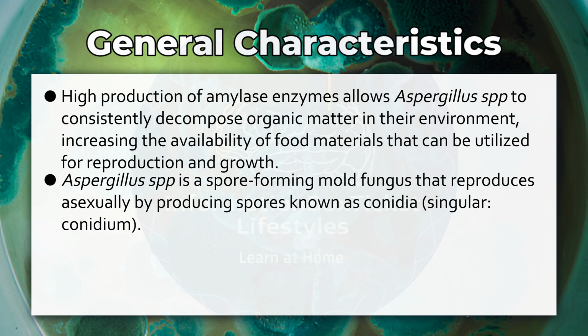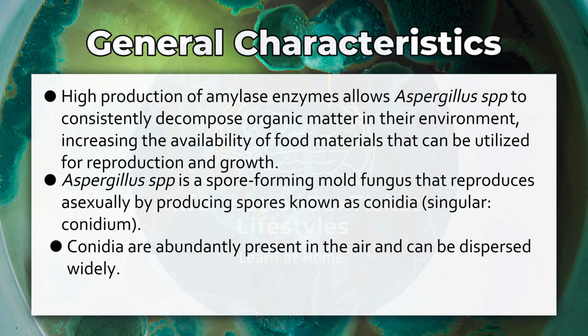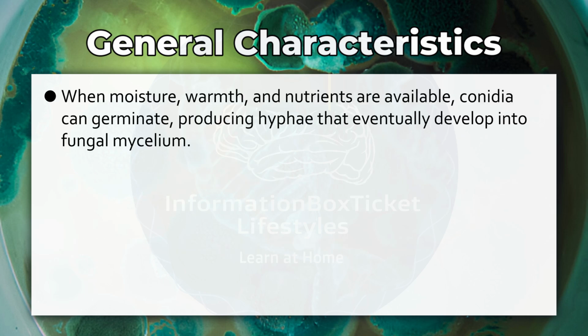Aspergillus species is a spore-forming mold fungus that reproduces asexually by producing spores known as conidia, singular, conidium. Conidia are abundantly present in the air and can be dispersed widely. When moisture, warmth, and nutrients are available, conidia can germinate, producing hyphae that eventually develop into fungal mycelium.